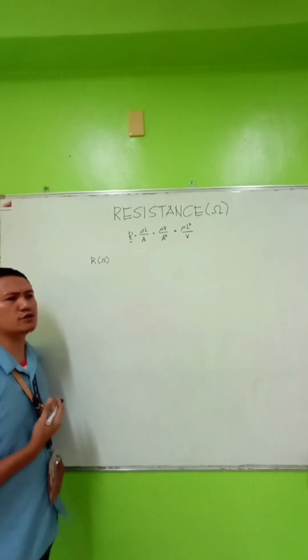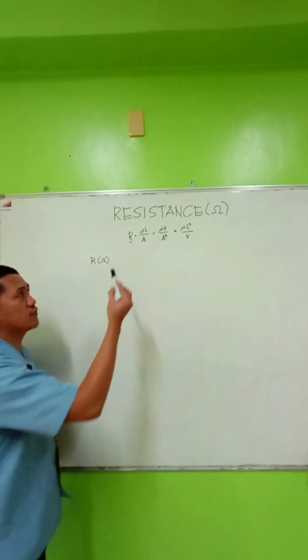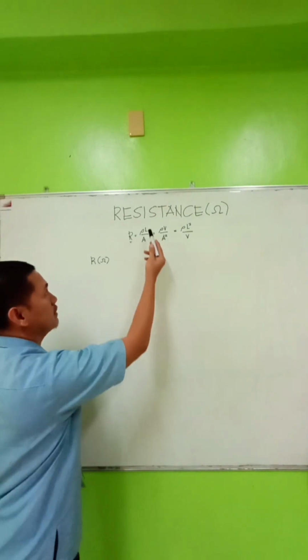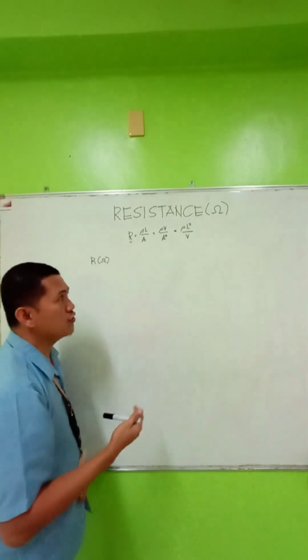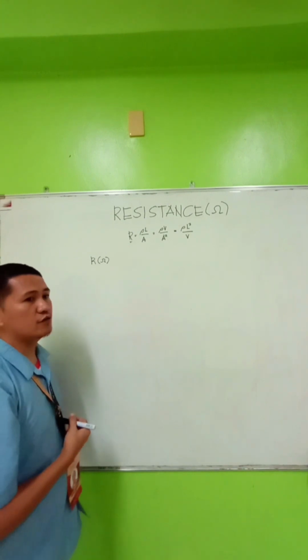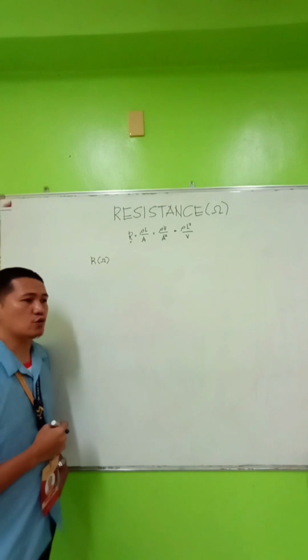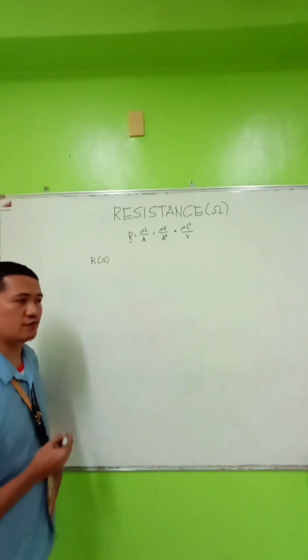What other factors affect our resistance? Aside from the resistivity, the properties of the material, the length of your material, the amount or the volume of your materials, what other factors? Yes, the temperature. The temperature affects the value of our resistance.